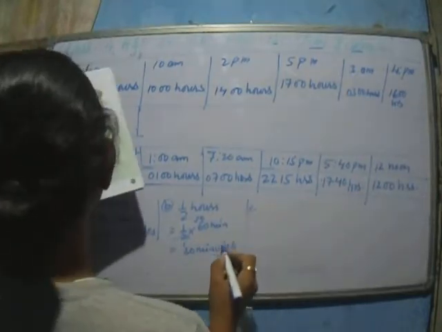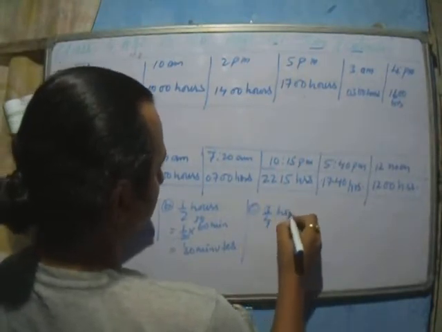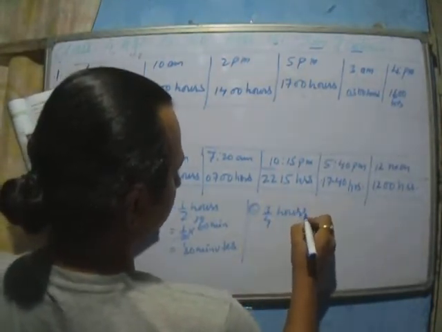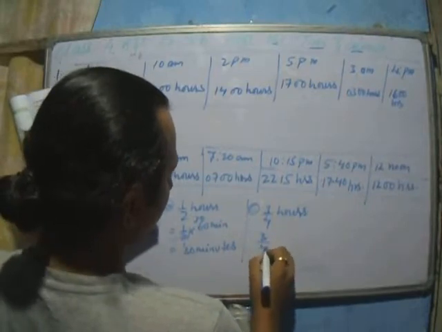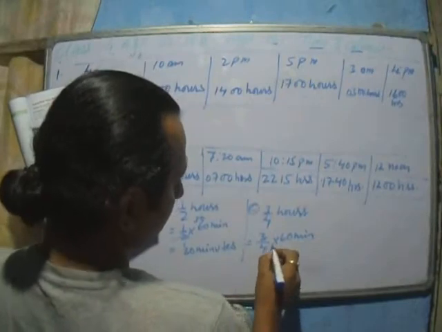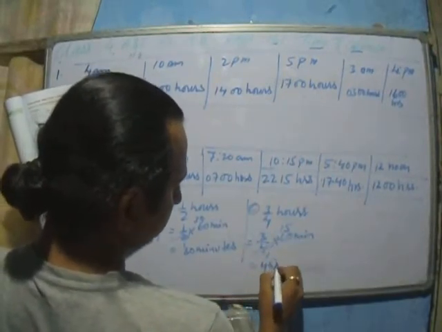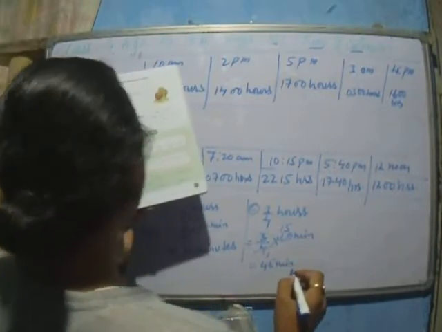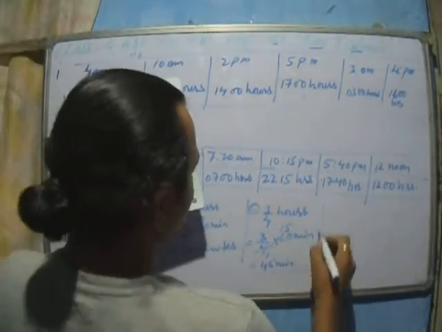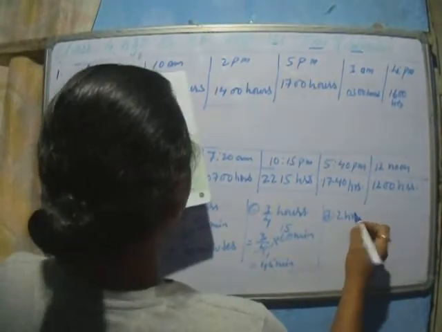Number C, 3 by 4 hours. So 3 by 4 hours means a quarter of 60 minutes is 15, and 15 times 3 is 45 minutes. Last one, number D, 2 hours 35 minutes.